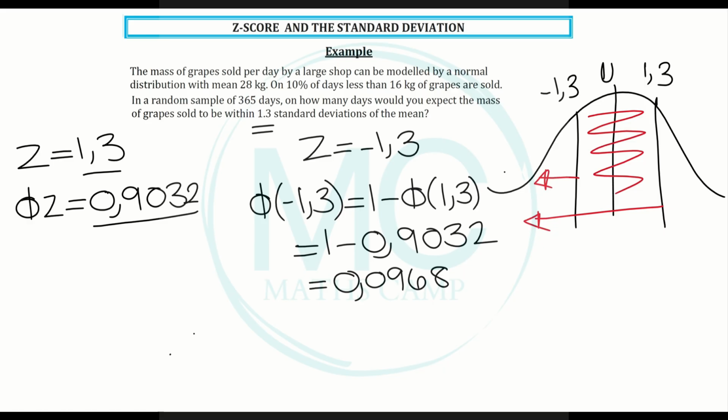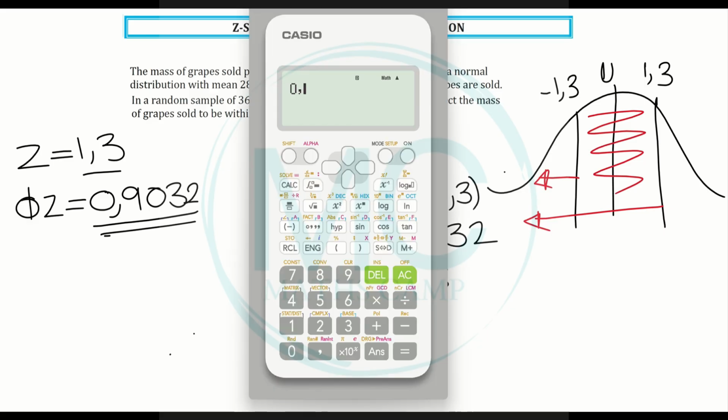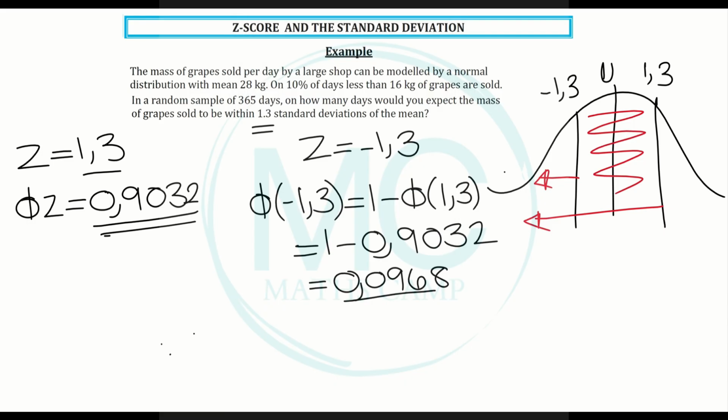So now I can subtract my smaller value from my larger one. And I can say 0,9032 minus 0,0968 is equal to 0,8064.